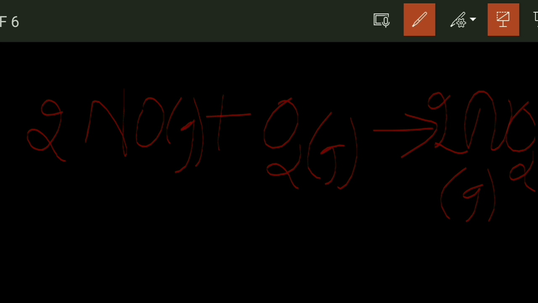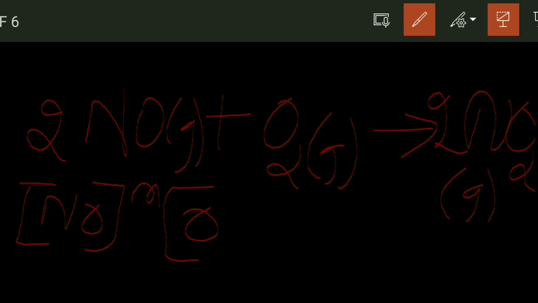To find out the order of the reaction, we have to know NO power m, O2 power n. The sum of m plus n gives the order of a reaction.